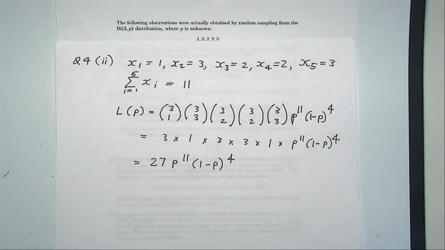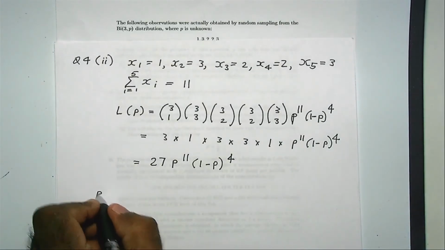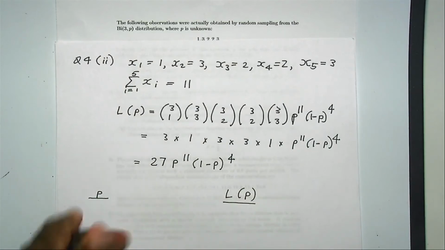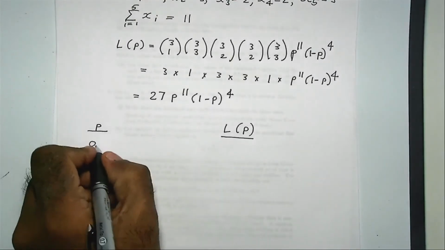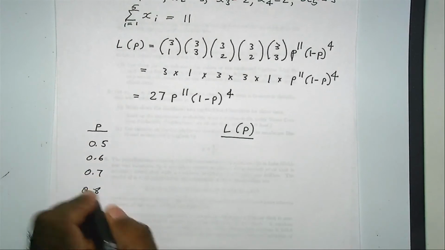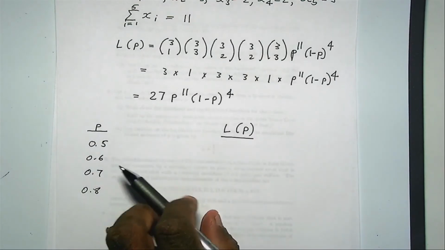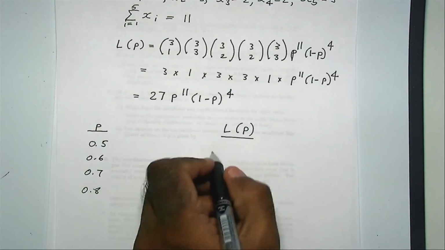Now what we need to do is calculate the value of this, so we need to create a table where p can take the possible values 0.5, 0.6, 0.7, 0.8. Now over here, I'm going to work out the value of this at these values for p, and you will get the following. You can check my answers.